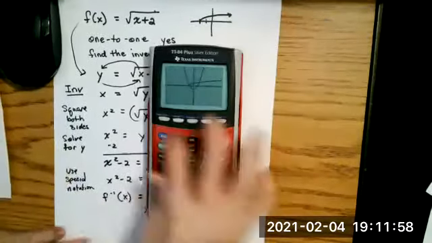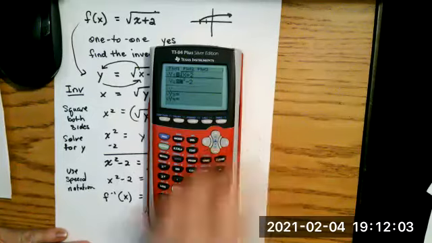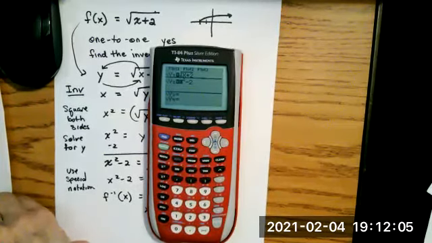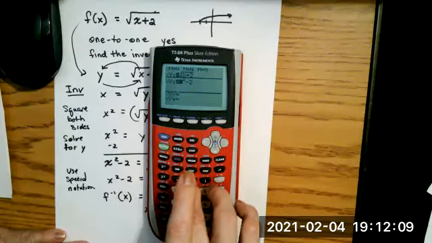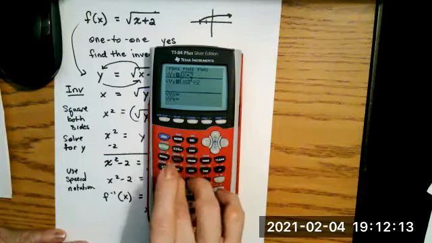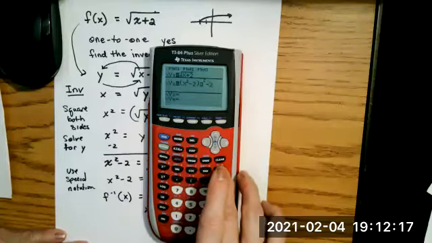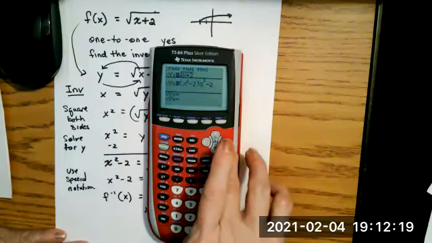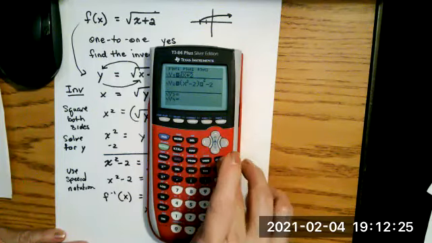Let me show you how you can do that in your calculator so you'll see what it looks like. I'm going to come down here, and this is one of those things that Dr. Rathbun does a little differently. I can put my x squared minus 2 in a parentheses and square it. I don't want to square that.